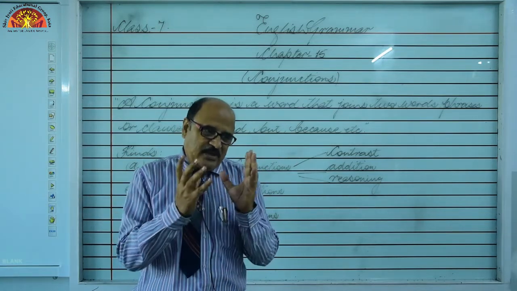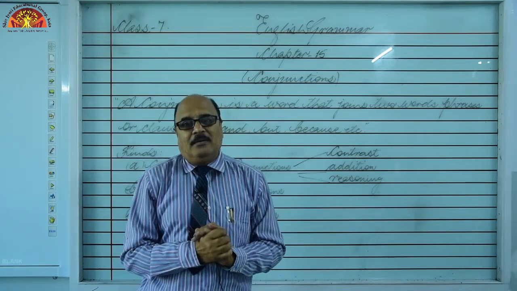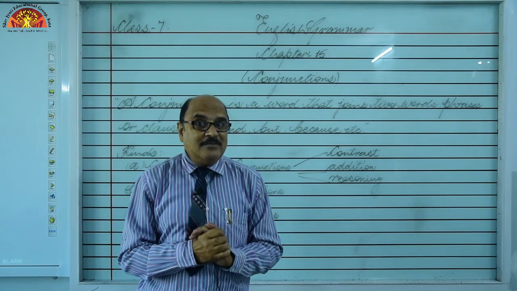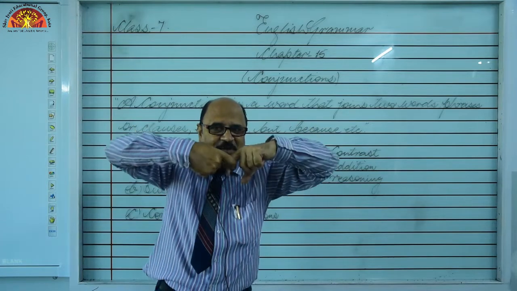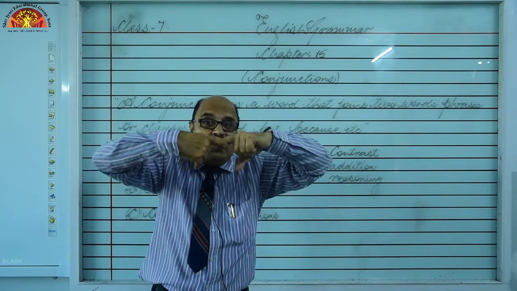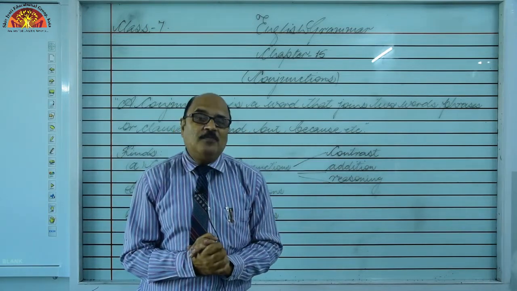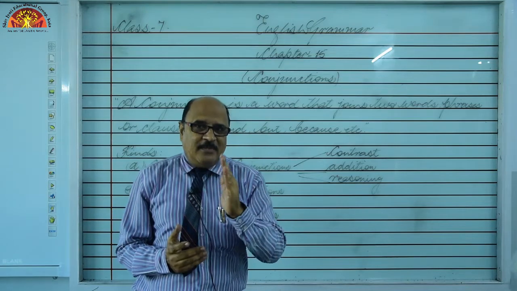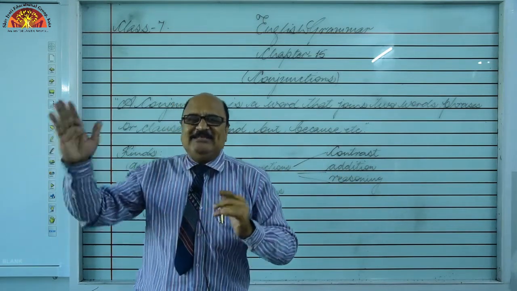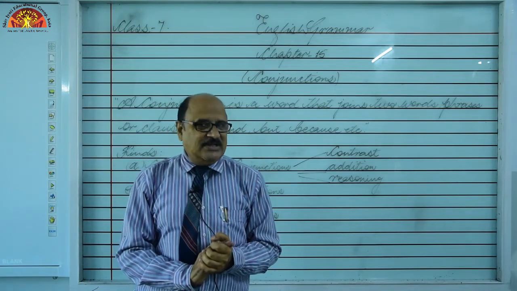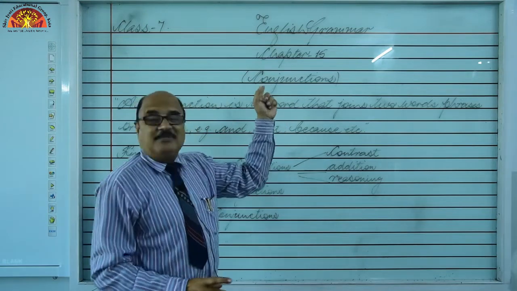If we are going to join them into one, we will require at least one word, a linking word, that is conjunction. So, Ram likes coffee, but Shyam likes tea. In this way, dear students, this is the brief explanation of the term conjunctions.